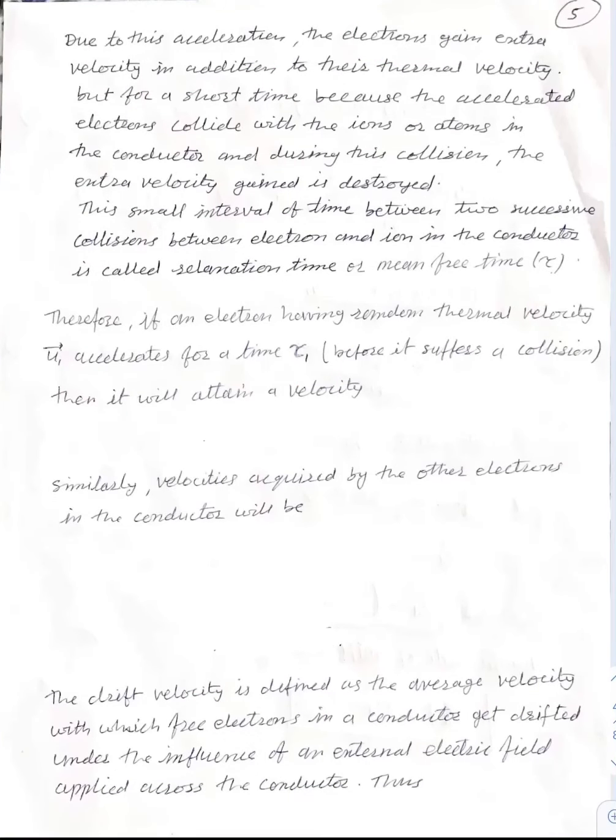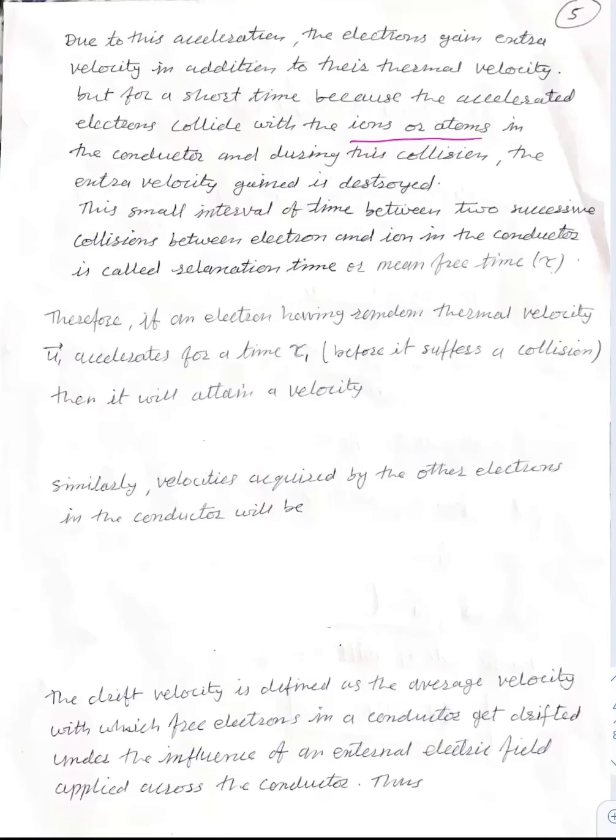Due to this acceleration, the electrons gain extra velocity in addition to their thermal velocity, but only for a short time, because the accelerated electrons collide with the ions or atoms in the conductor, and during this collision the extra velocity gained is destroyed.